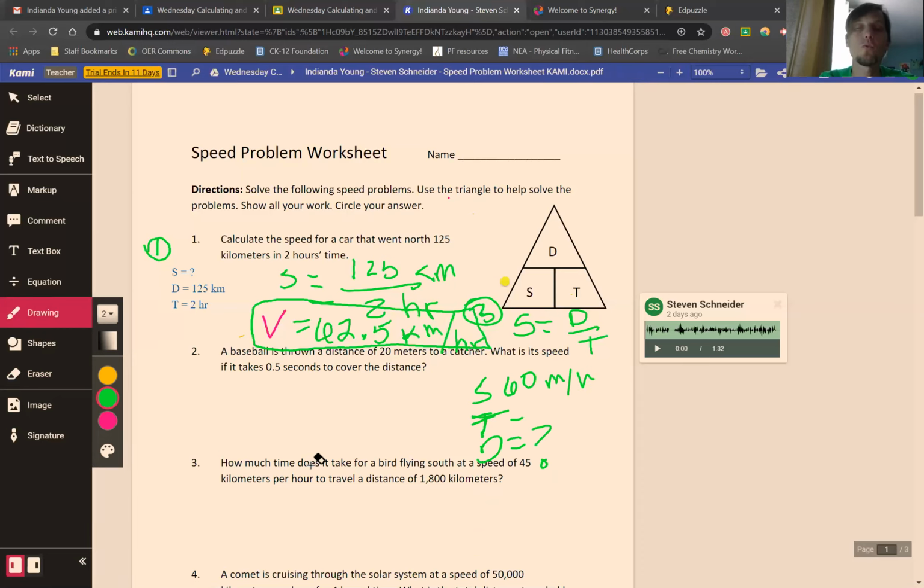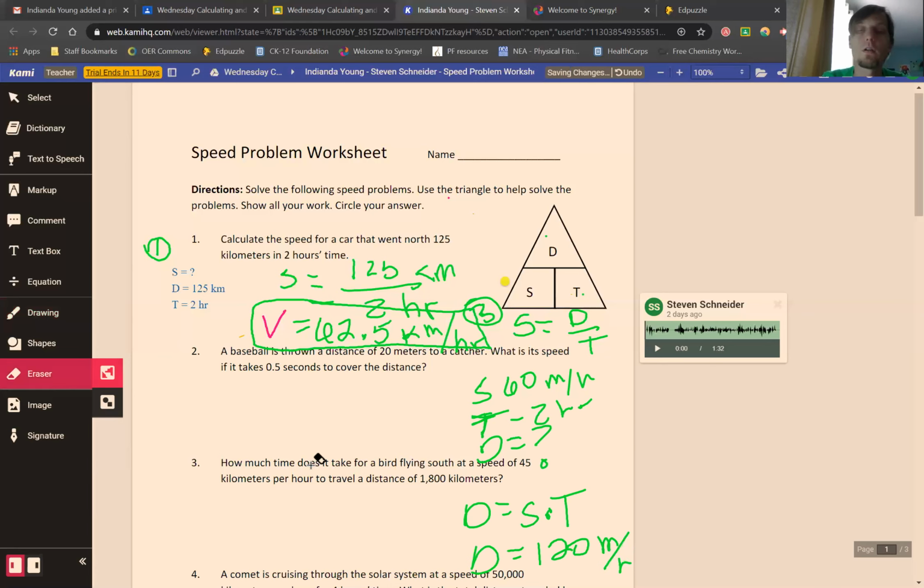How far did they go? So D equals what? We don't know D, so we multiply S times T. When they're side by side, it's S times T. So you plug in 60 times 2 is 120, and D equals 120 miles. Time crosses out.